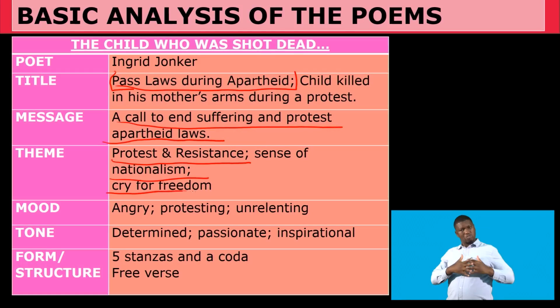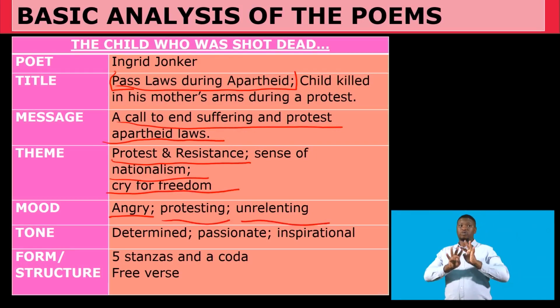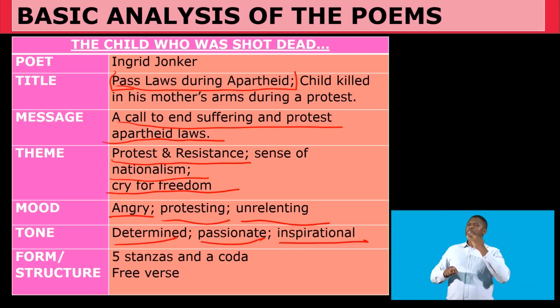It is a cry for freedom from oppression and apartheid. The mood is angry, it's protesting, and it's unrelenting. The tone is determined, passionate, and inspirational, asking people to stand up and rise up against the injustices of apartheid. The form has 5 stanzas and a coda, and is written in free verse.